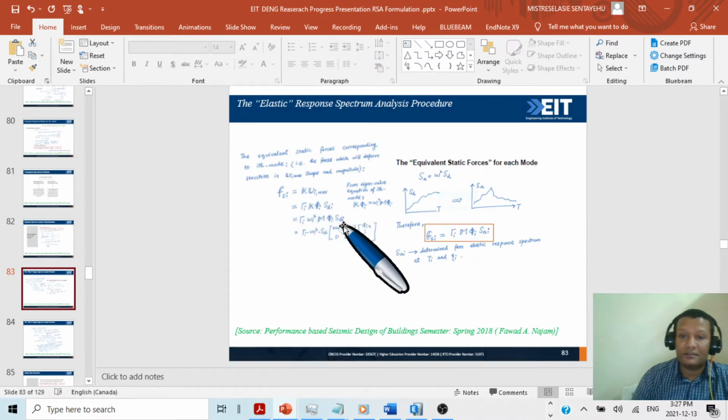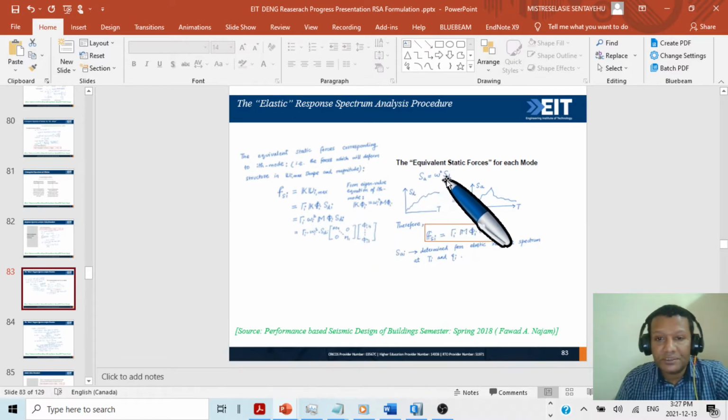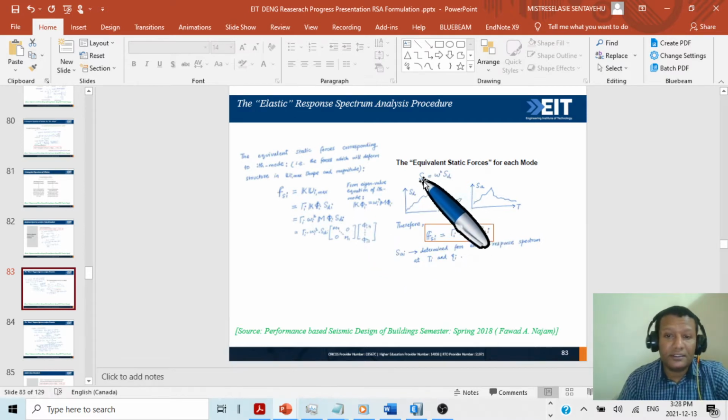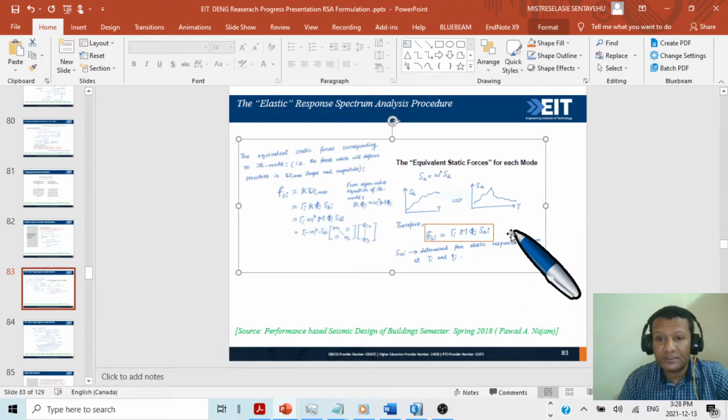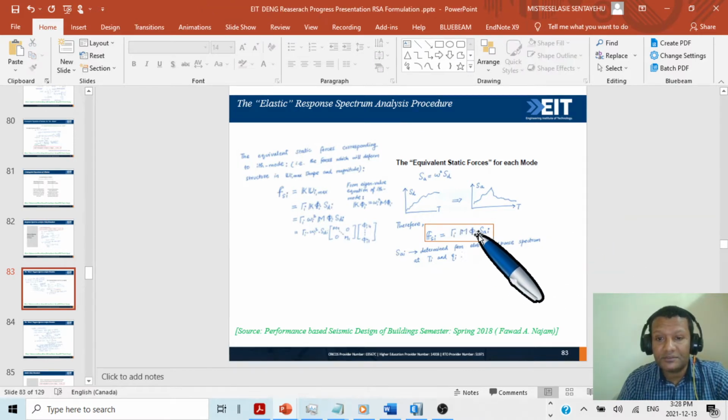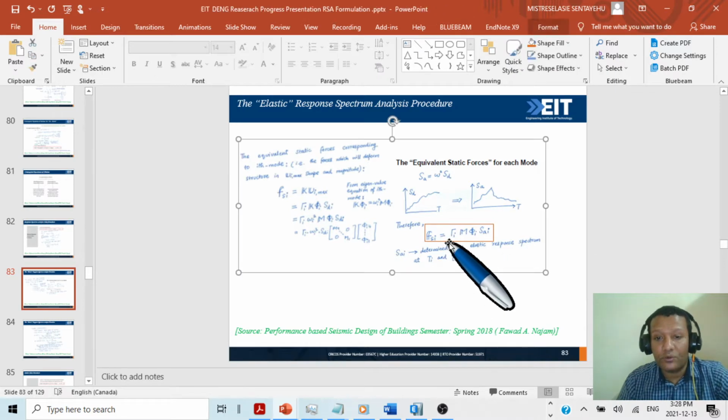Spectral displacement is equal to spectral acceleration over omega squared. So if you substitute spectral displacement, omega squared cancels, and we get the modal participation factor times mass matrix times phi_i times SAi. This is the equation for force.